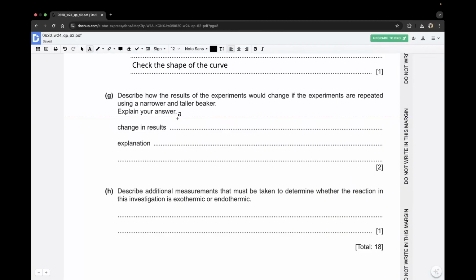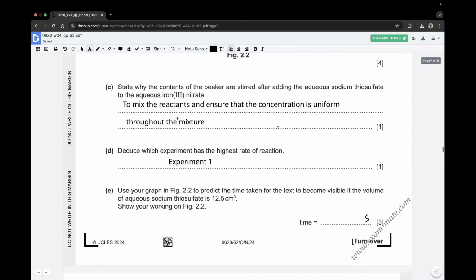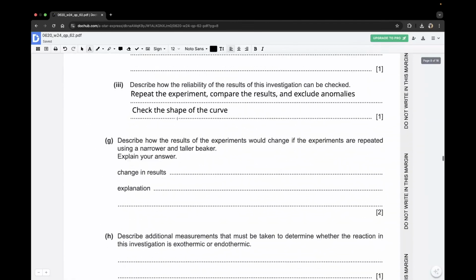Describe how the results of the experiments would change if the experiments are repeated using a narrower and taller beaker. Okay, a narrower and a taller beaker. So this would mean that the surface area will decrease, and it would be greater depth, so the experiment will take longer to happen.